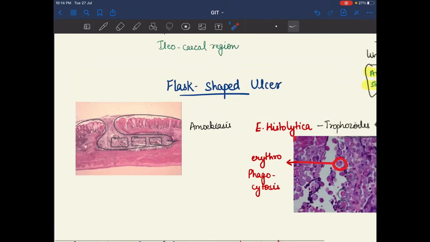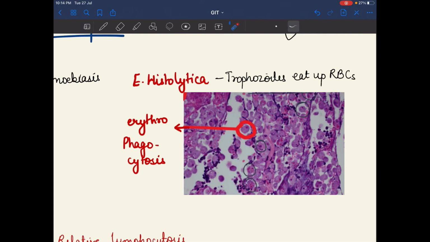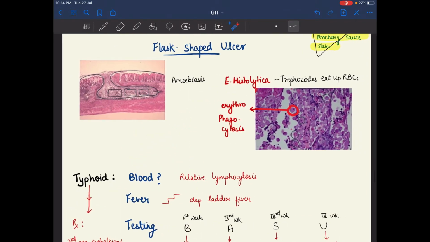Basically in this the trophozoites eat the RBCs, and it shows erythrophagocytosis, as we see here, because the trophozoites eat the RBCs.